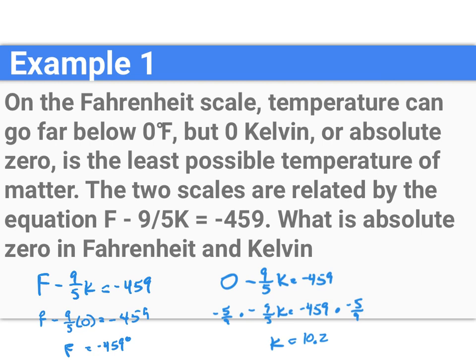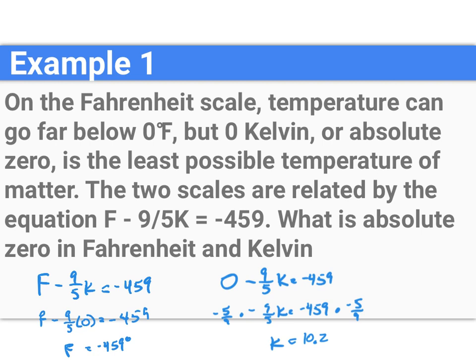Kelvin is used to measure very, very high temperatures. Usually stars are measured in Kelvin, and not much else. Most everything else is measured in Celsius or Fahrenheit. But 0 Kelvin should come out to 0.